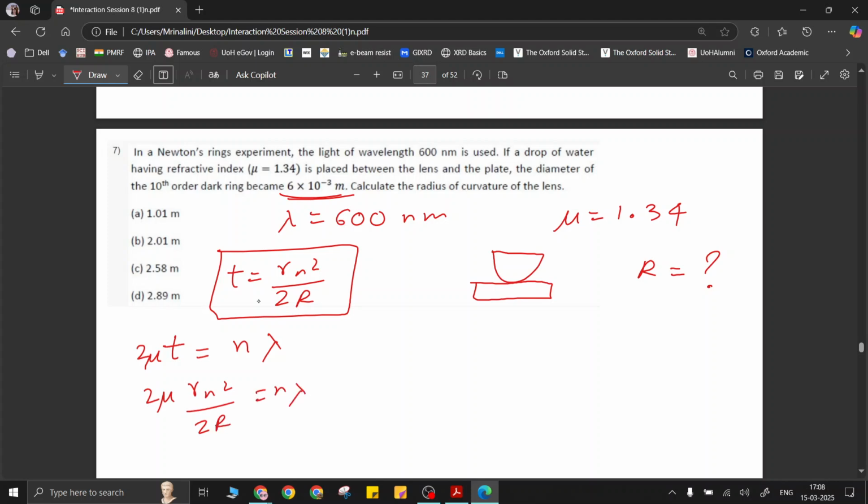Here n is the 10th order, and we need to find the radius of curvature. That means mu rn squared by R is equal to n lambda. From this, if I rearrange, I'll get the radius of curvature is equal to mu rn squared divided by n lambda.